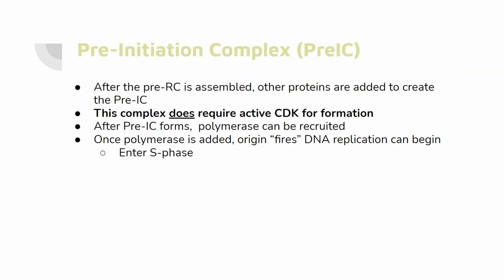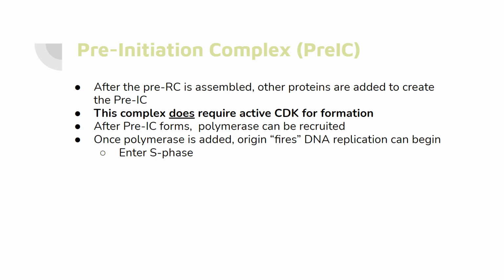After the pre-RC is assembled, so that whole thing with ORC and MCM and all that, other proteins are added to make the pre-initiation complex, or the pre-IC. This complex does require active CDK for formation. If you remember, the pre-RC can't form with high CDK levels, but the pre-IC needs more CDK levels to form.